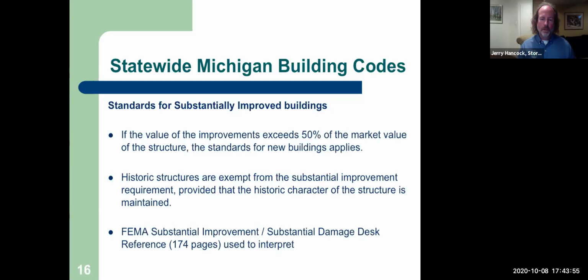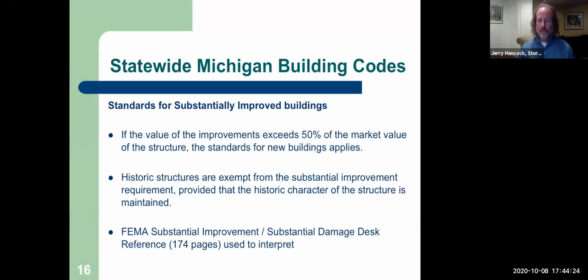If someone wants to do a project, apply for permits to change or add on to an existing building, there's this threshold in the building code called substantial improvement, and it's basically if the value of the improvements exceed 50% of the market value of the structure, then the floodplain regulations for a new building would apply.